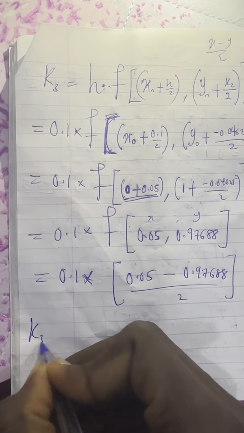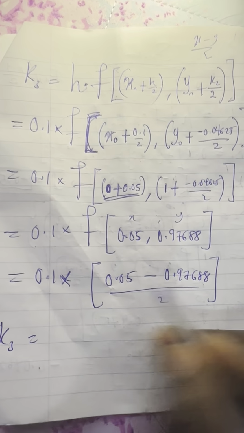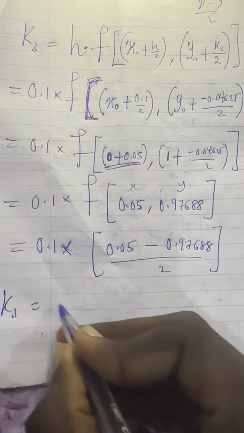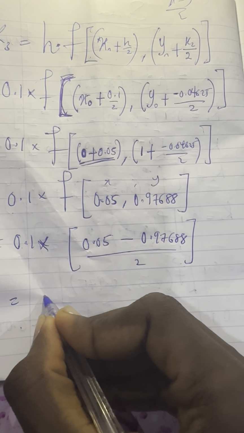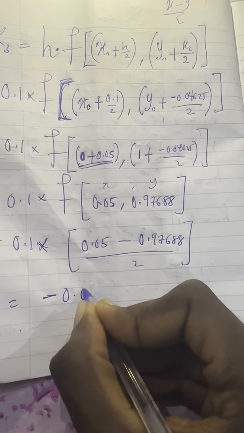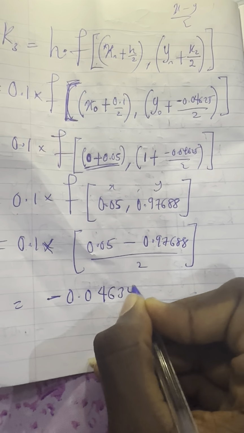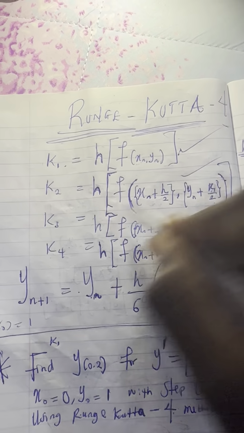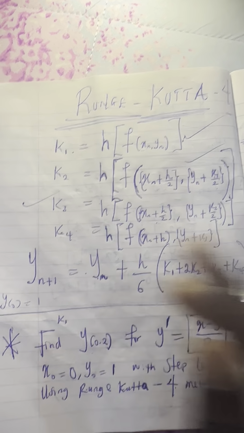So my K3, if I put this into the calculator, is 0.1 times all this expression. If you multiply it together, this is your final result for K3, minus 0.04634. Then you underline it again. I've gotten K3. So I need K4. What's now my K4?